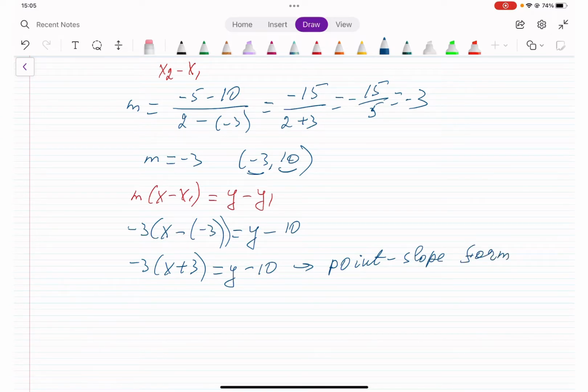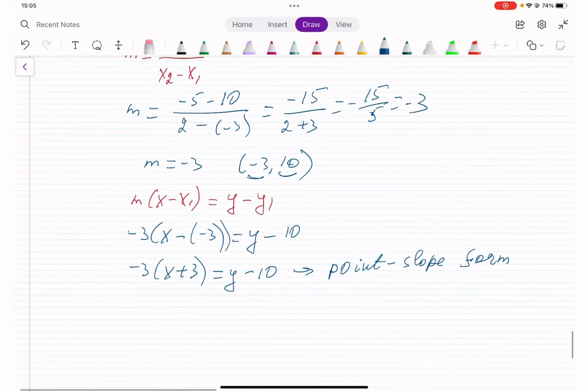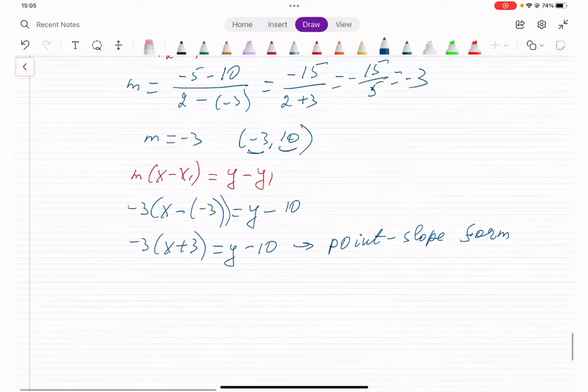Now we need to write the equation in the form of slope intercept. Since I have -3, 10, let's might as well work with it.